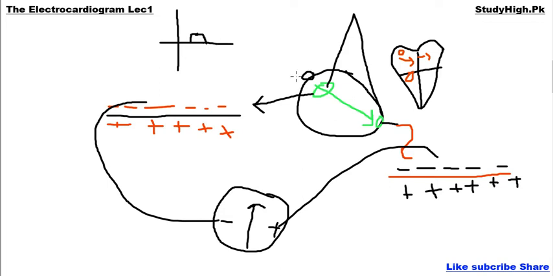Why? Because soon after depolarization the whole muscles are in depolarized form. When the whole muscles are depolarized, all the muscle cell membranes have equal potential and the voltage meter will show no deflection. No deflection means zero potential.